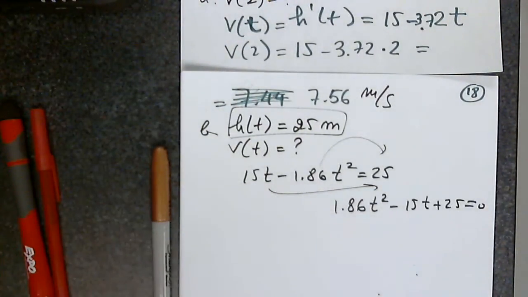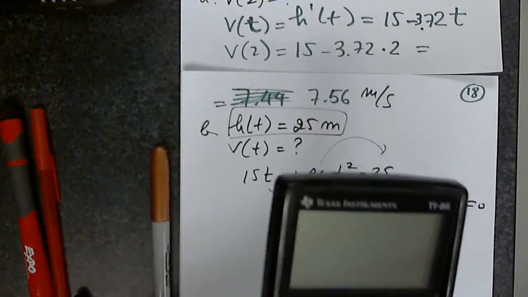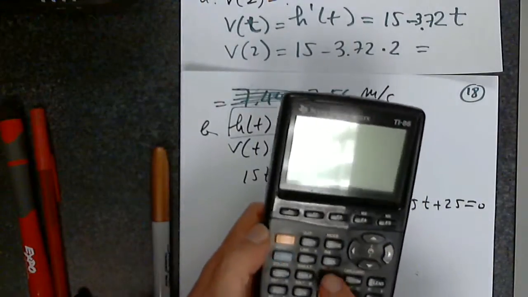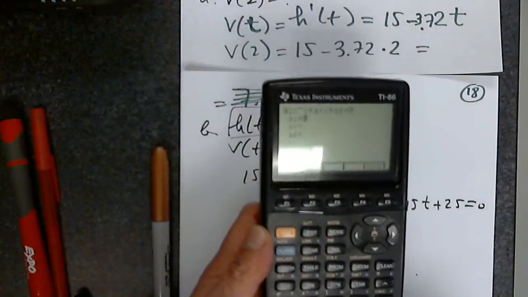You can use the quadratic formula, but since I'm running out of time, I am going to use my TI-86. If I find it quickly, if not, you can give me the solution, if you're using the quadratic formula. So I'm going to use the polynomial feature that I like so much in this calculator.